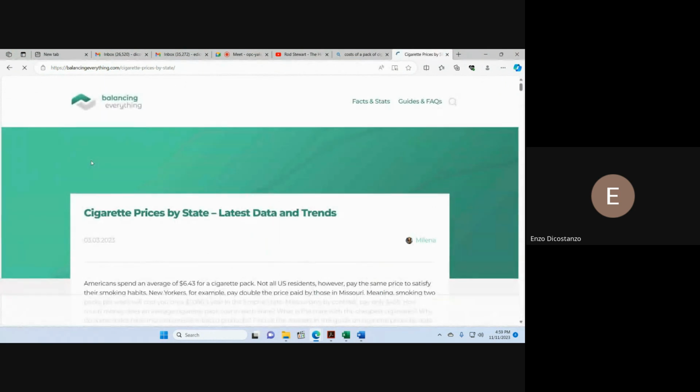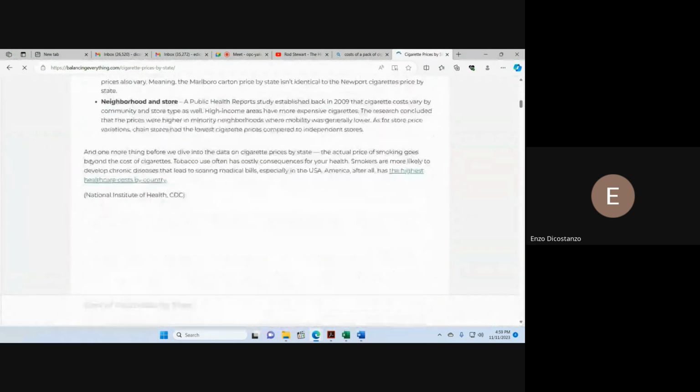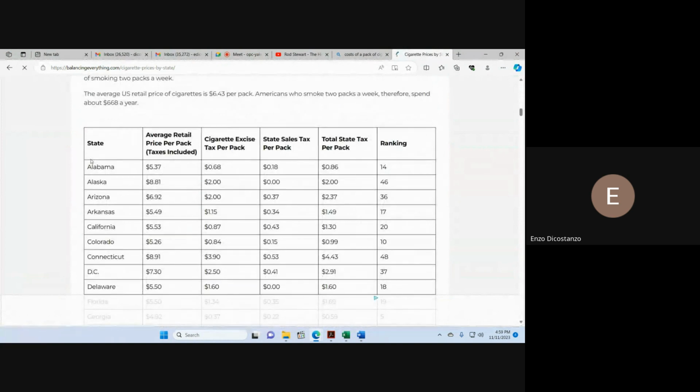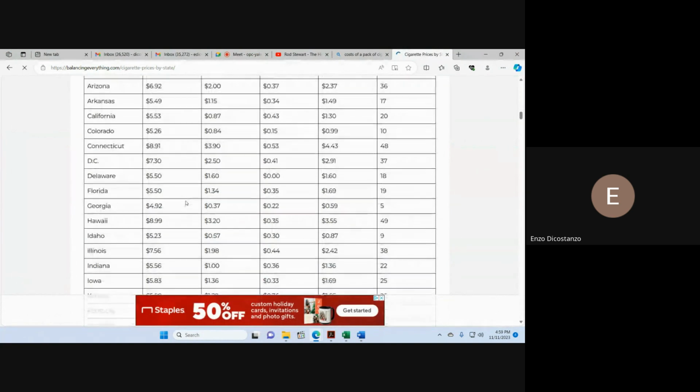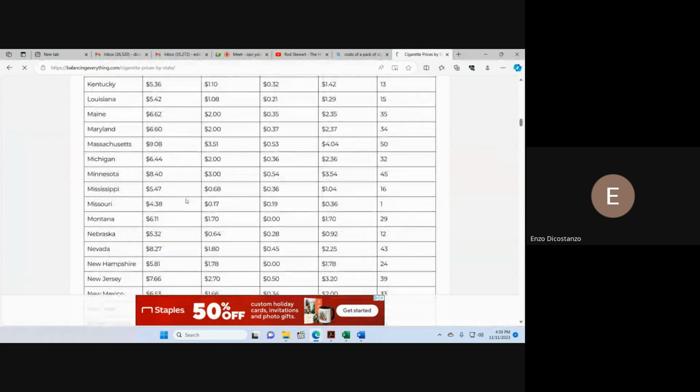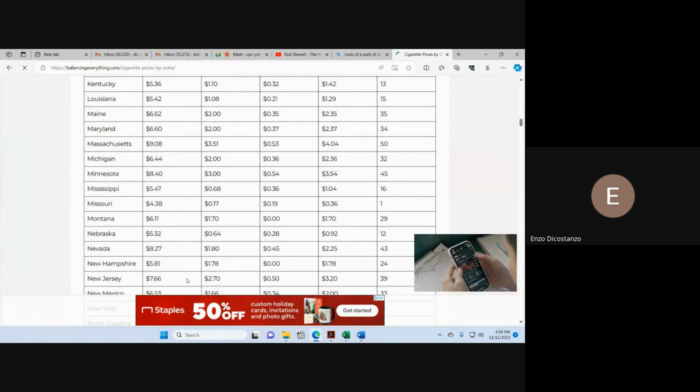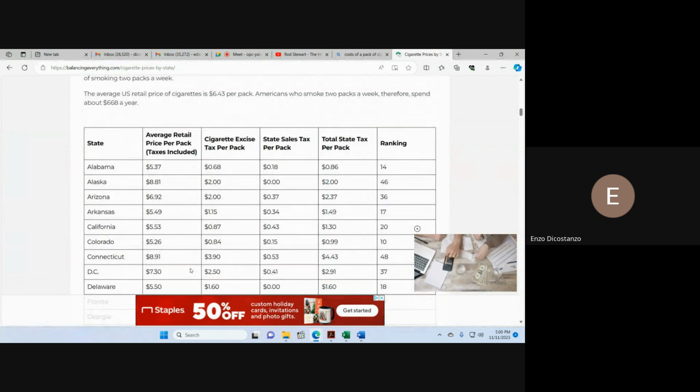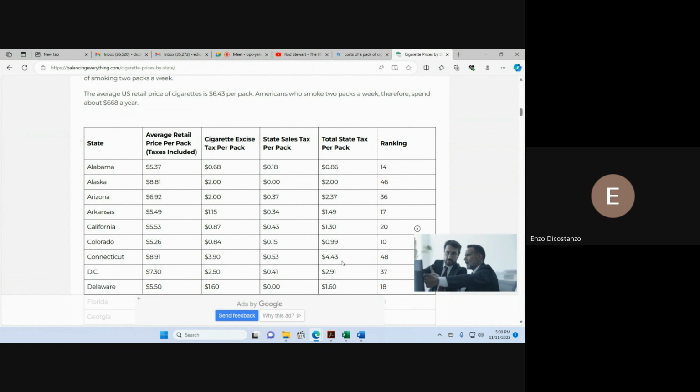Here, balancing everything, prices by state. Let's see, New York or New Jersey. Yeah, about $8. I knew it was about $8. And let's see, where have the taxes hit this? The excise tax is big.